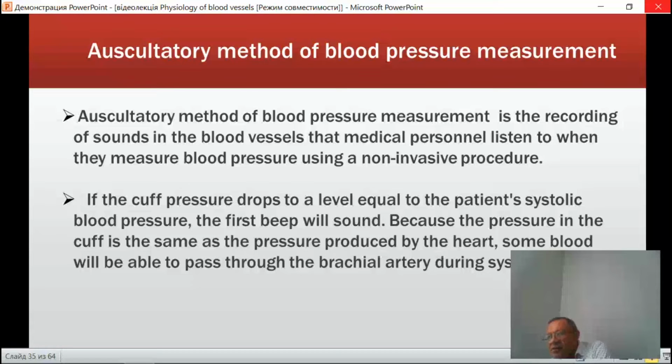If the cuff pressure drops to a level equal to the patient's systolic blood pressure, a fast beep will sound, because the pressure in the cuff is the same as the pressure produced by the heart. Some blood will be able to pass through the brachial artery during systole.